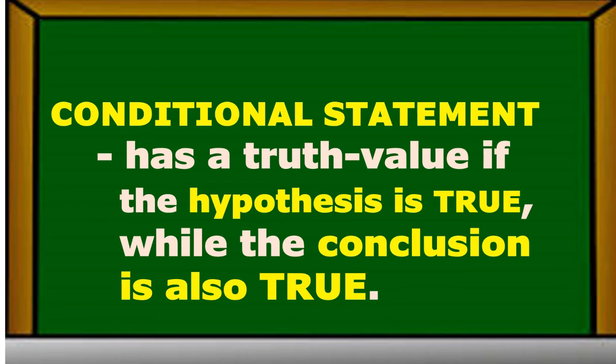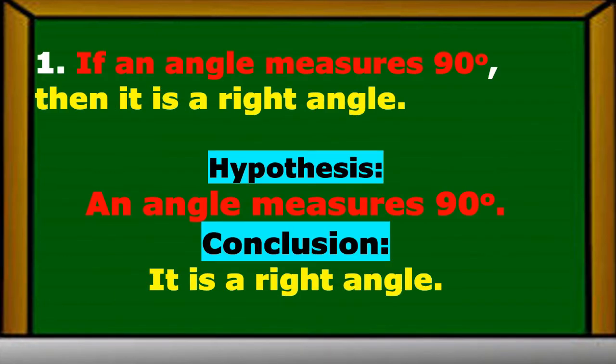We will go back to some of our examples earlier, and we will have more for us to identify whether a certain if-then statement has a truth value of true or false. We'll have the conditional statement: if an angle measures 90 degrees, then it is a right angle.